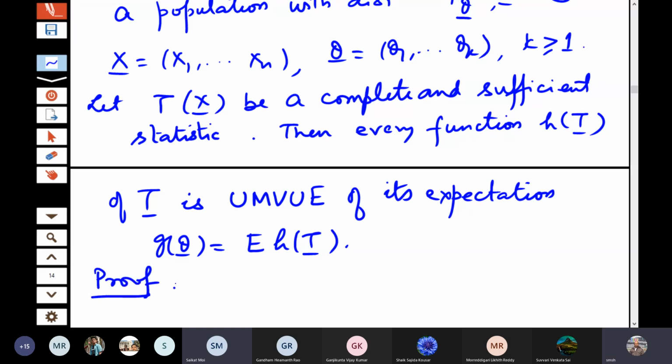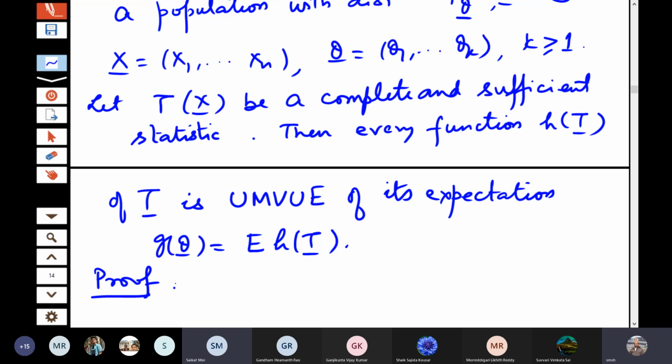This is a very powerful result because it says that in any given estimation problem, if we want to find the UMVUE, all we need to do is consider a complete sufficient statistic and any function of it that is unbiased for the parameter we are estimating, and then it will simply be the UMVUE.